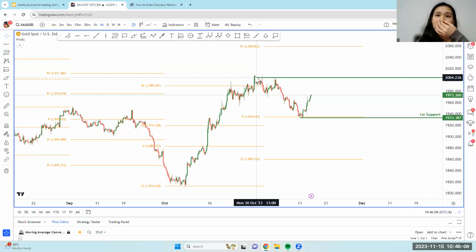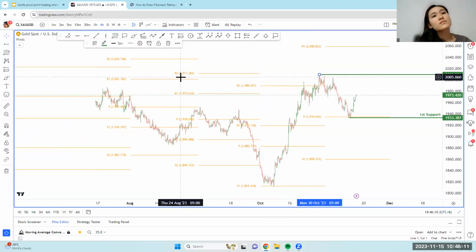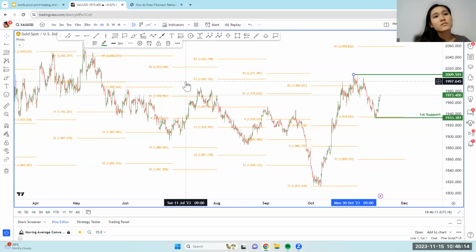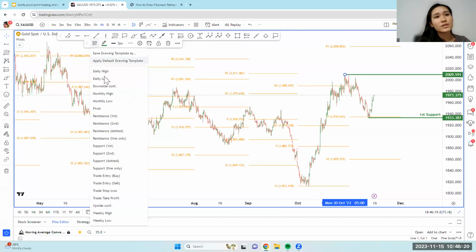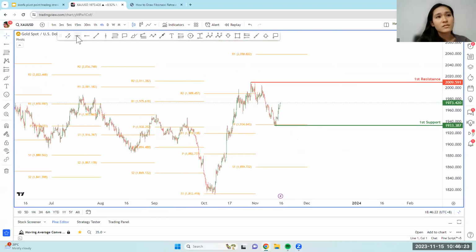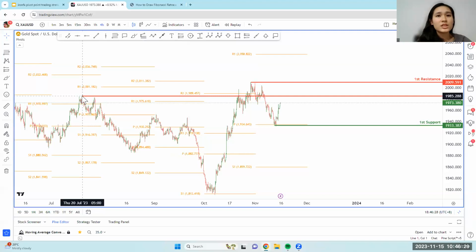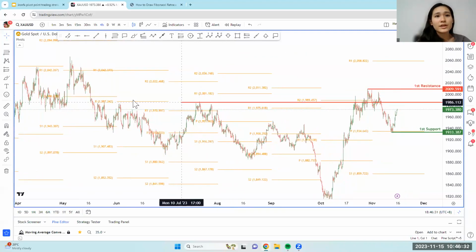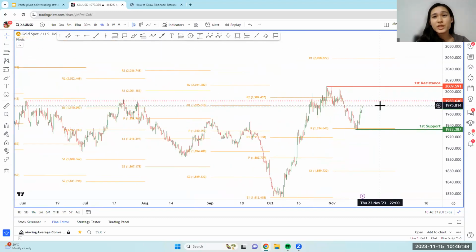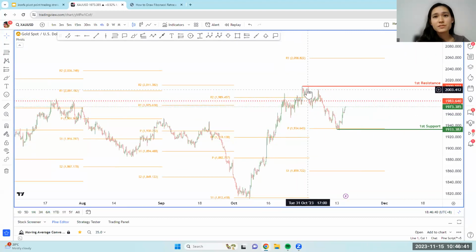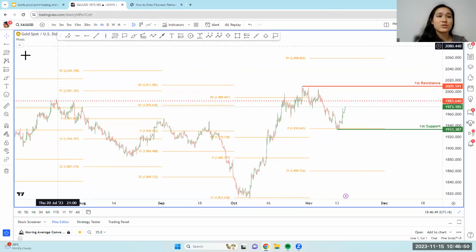Here's my first resistance, and this level here is going to be my intermediate level of resistance because price is pretty close to it right now. At all of these swing highs and swing lows, we have a resistance pivot point or resistance level that has been identified for us already.